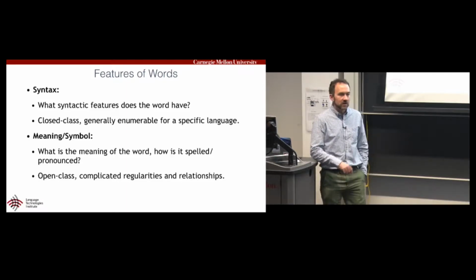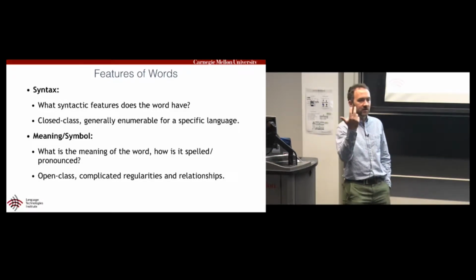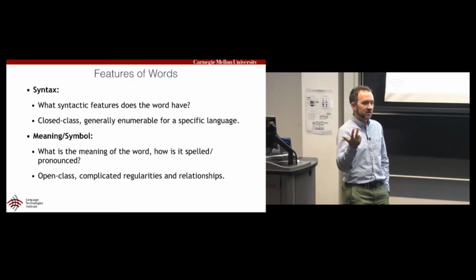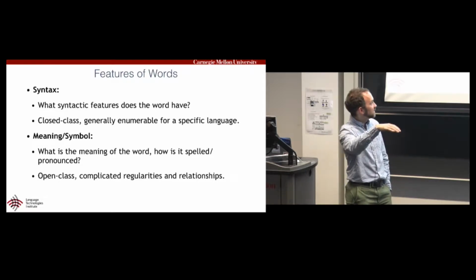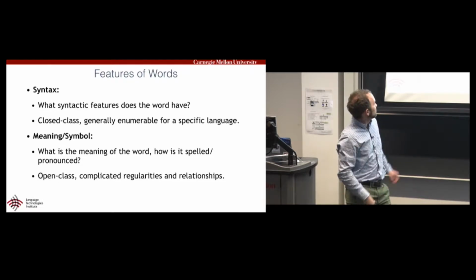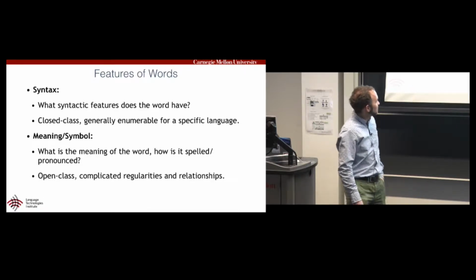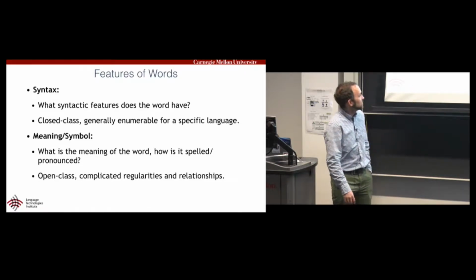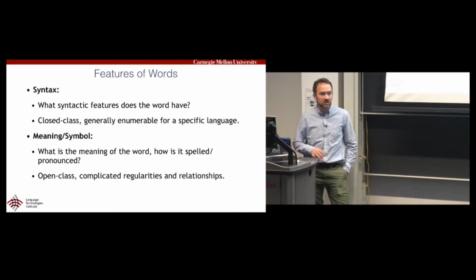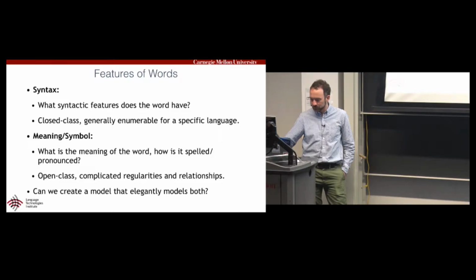For example, decide and decided are the present tense and the past tense. There's only a limited number of tenses of a word, but there's an extremely large number of actual words, like decide, reject, run, etc. So that's what I mean by syntax versus the meaning and the symbol of the word.